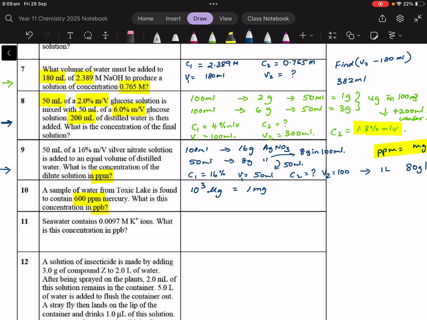Converting that into micrograms would give you an answer of 600 multiplied by 10 raised to 3 micrograms per liter, which is 6 into 10 raised to 5 parts per billion.